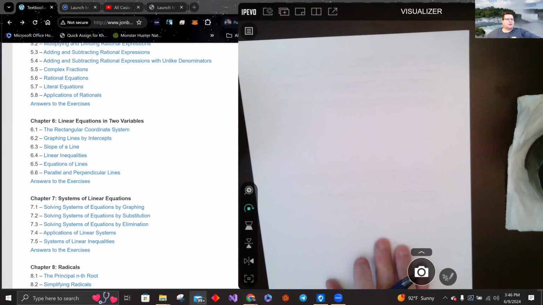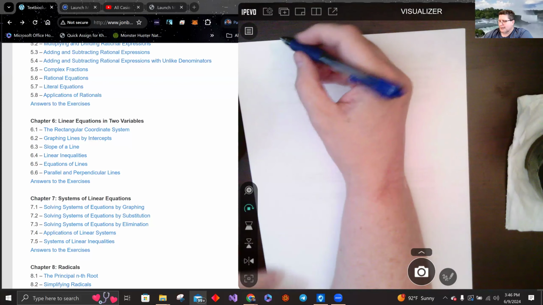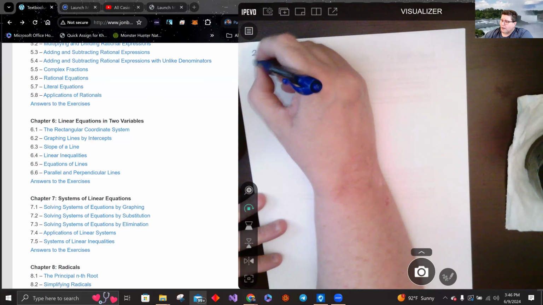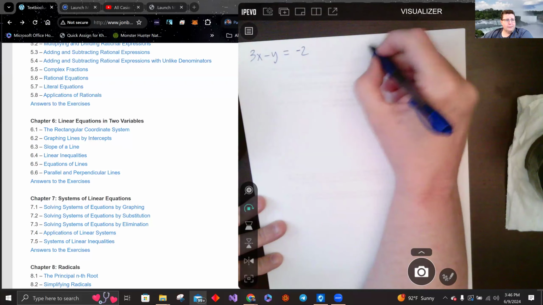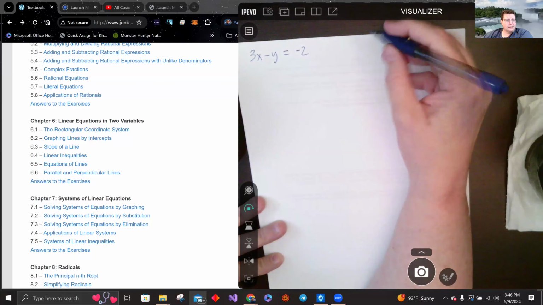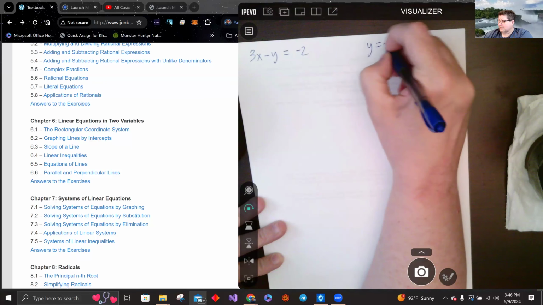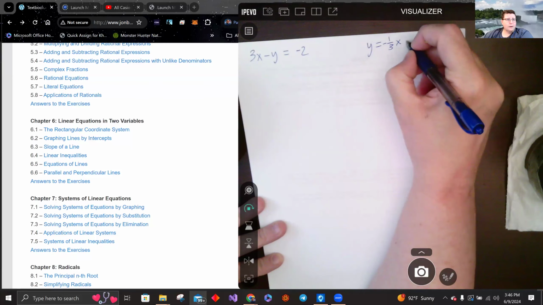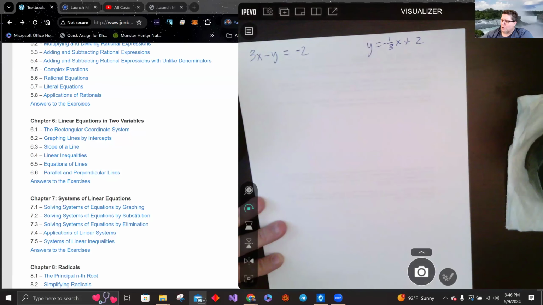So let's talk about the Cartesian coordinate system. Maybe let's make a table first. Let's practice that skill a little bit more. 3x minus y equals -2. And maybe we'll try y equals -1/3 x plus 2. Let's make a table of x, y values that work.